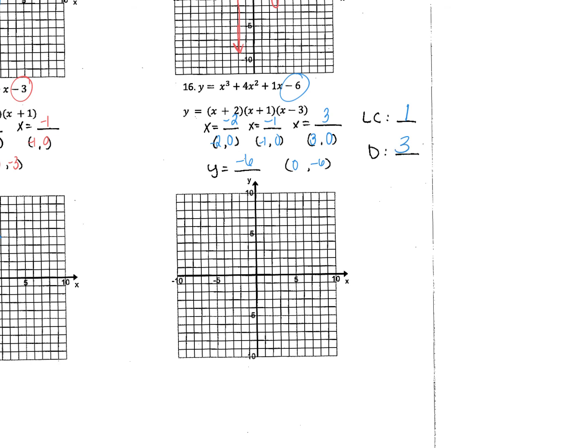Then I'm going to go ahead and plot my points: (-2, 0), (-1, 0), (3, 0), and (0, -6). When I have a positive leading coefficient and an odd degree, my first arrow is down and my last arrow is up. And from there, I'm just going to connect my lines.